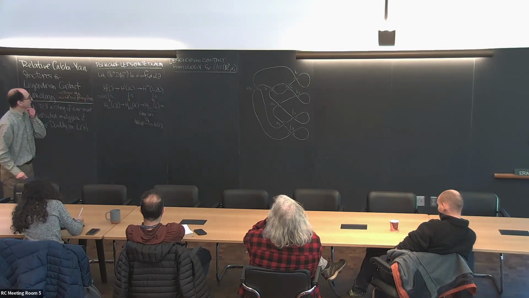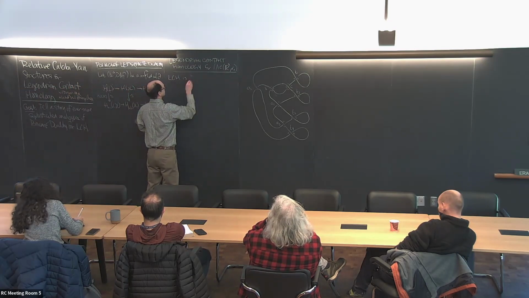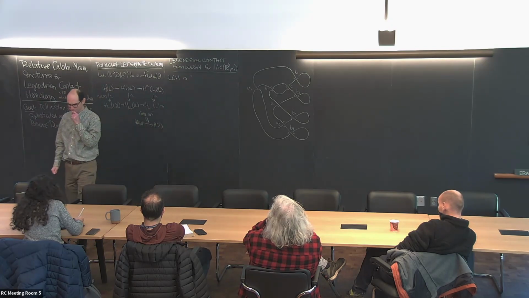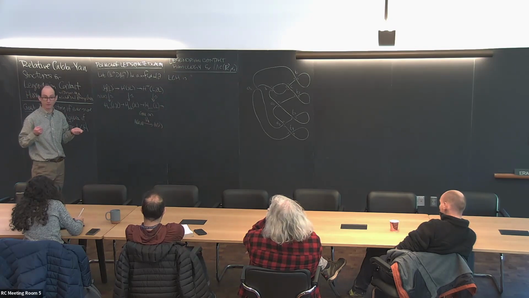And what we want to think about is that this Legendrian contact homology is some kind of combinatorial realization of doing Morse theory for the action functional on the path space of the Legendrian.